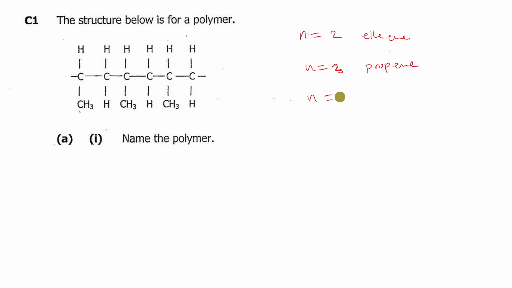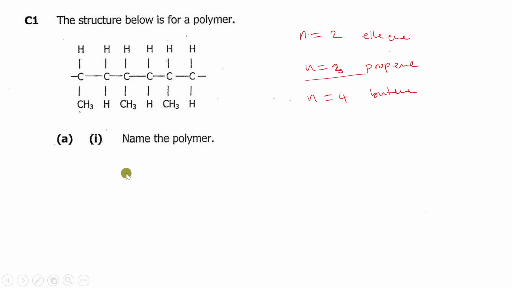N equals 4 is but, and for an alkene it will be butene, just like that. So the one which has n equals 3, which means three carbons, 1, 2, 3, is prop. So prop is for propene. Now since this is propene, to be a polymer you just add poly, so polypropene.